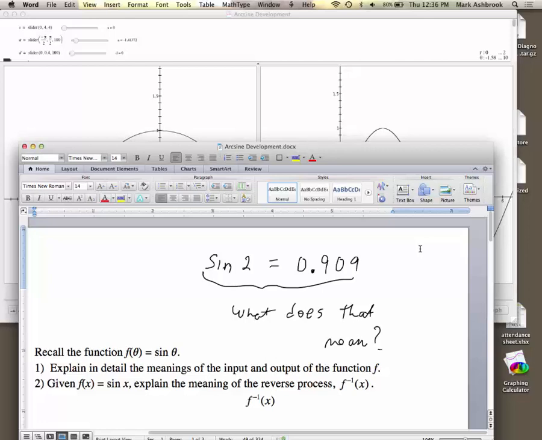Flora, what do you think? What's going on here? The horizontal diameter. 0.909 is the vertical distance above the horizontal diameter.